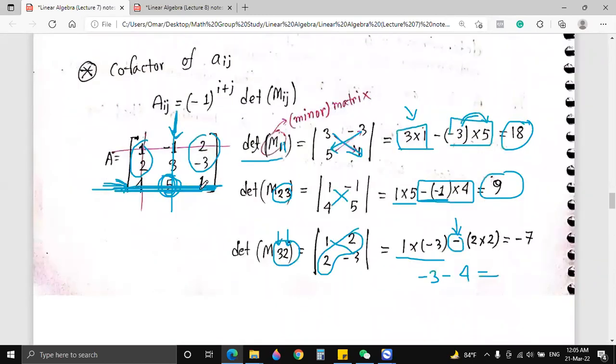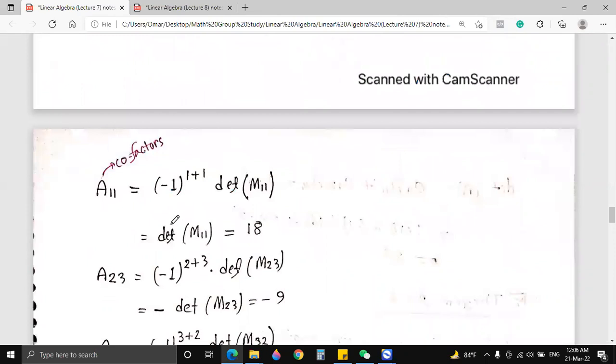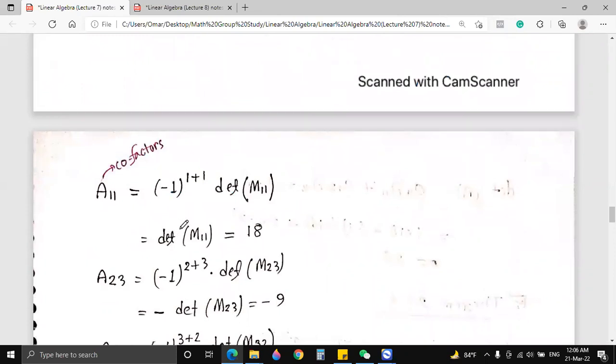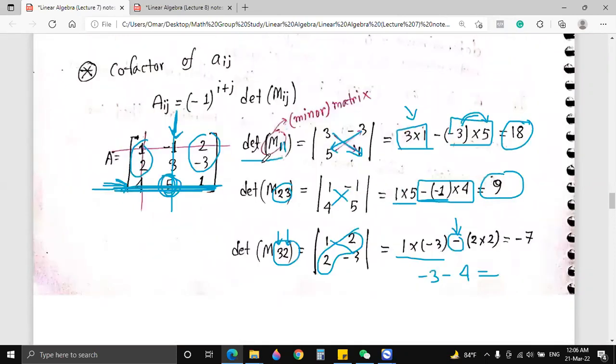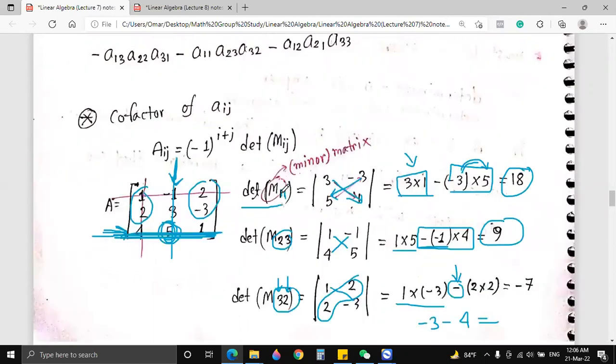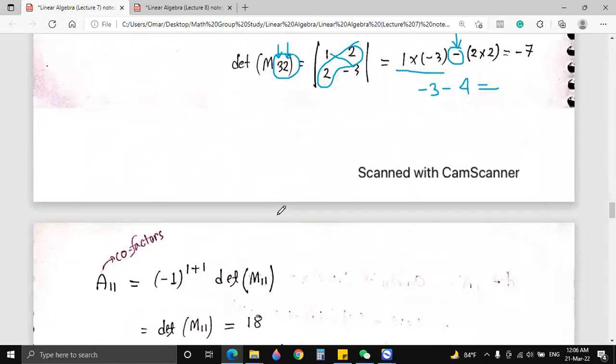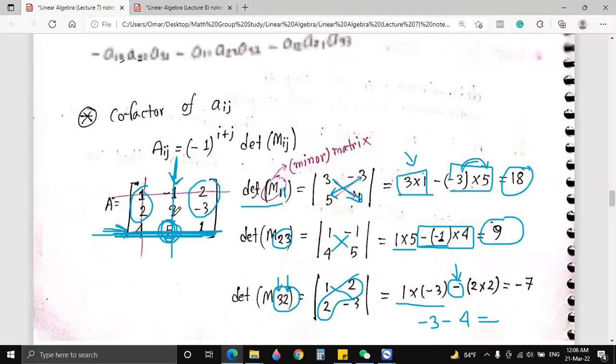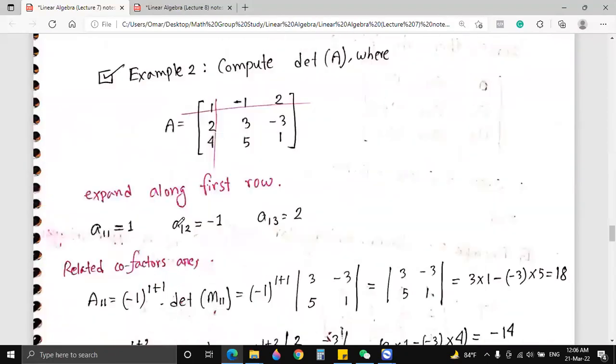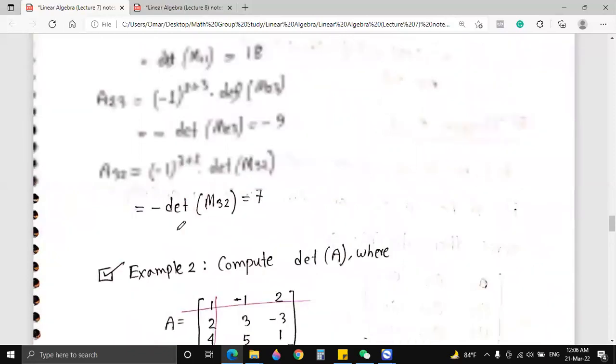So this way, now we got our 3 minor matrices, right? So now we have to find out the values, okay? Which values I have to write down here.